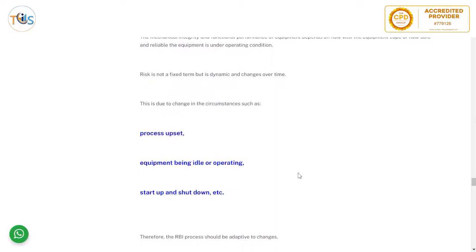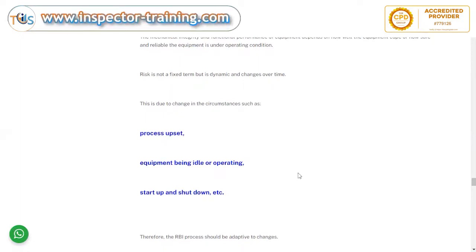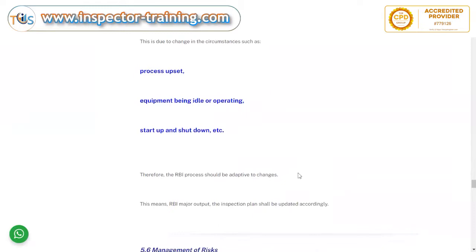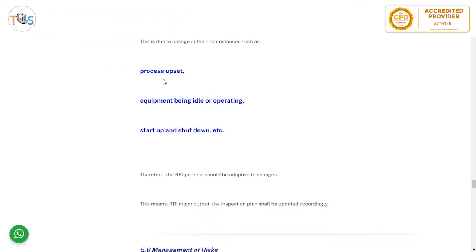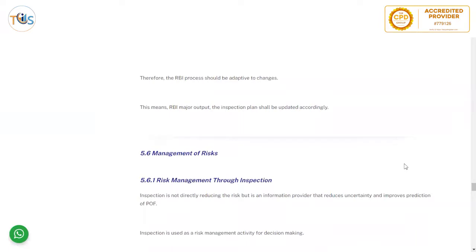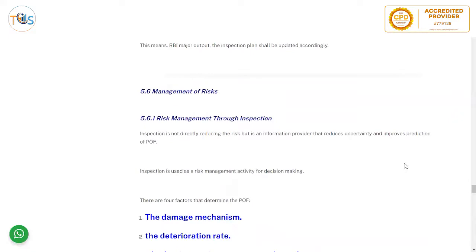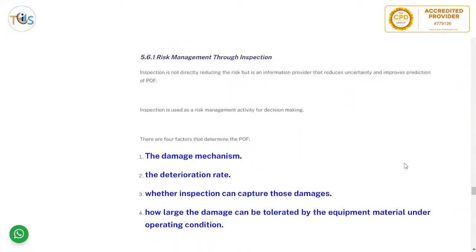This is due to change in the circumstances such as process upset, equipment being idle or operating, startup and shutdown. So this is where most of the time you have a violation of the integrity operating window. Therefore, the RBI process should be adaptive to changes. This means RBI's major output, the inspection plan, shall be updated accordingly.